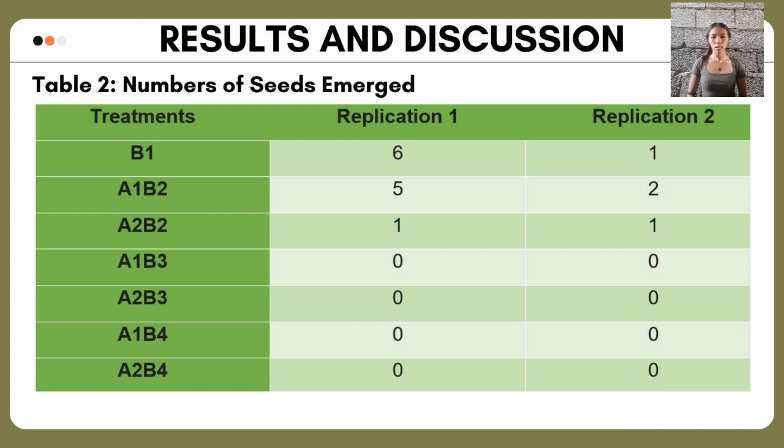So the results indicate that refrigeration or the A1 might have a slight impact on seed emergence compared to ambient storage or the A2, particularly when the storage duration is extended to 5 days. These findings align with previous studies that have explored the effects of storage conditions on seed viability.